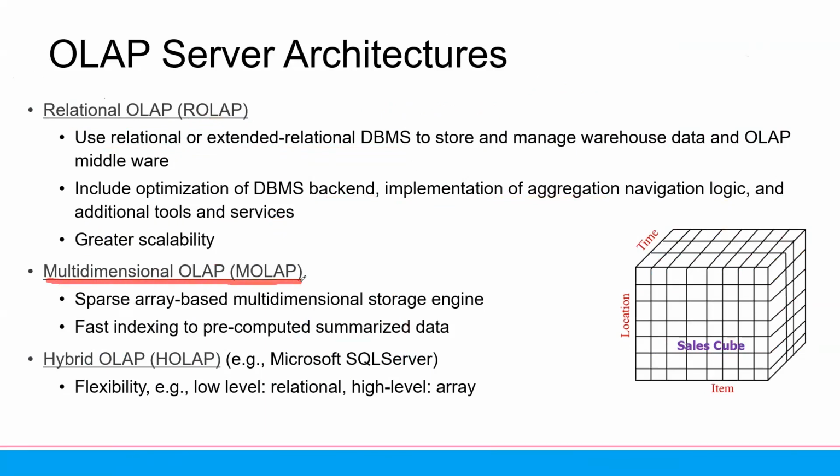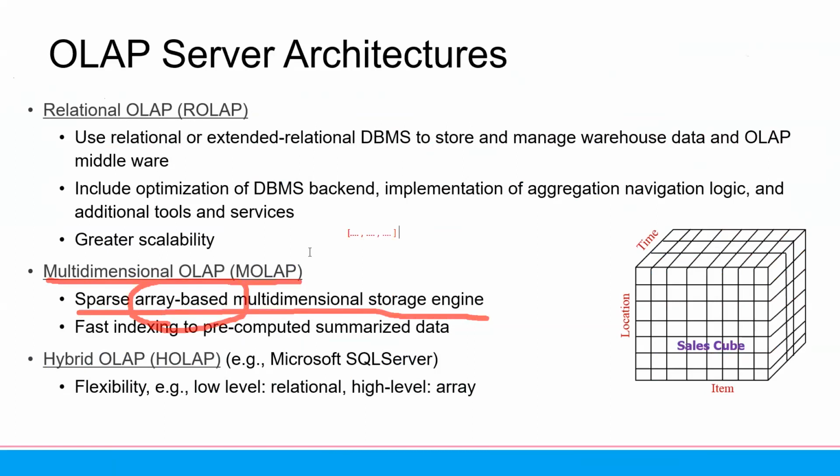You can also use this multi-dimensional OLAP. This multi-dimensional OLAP will use the sparse array-based multi-dimensional storage engine. If you understand data structures, you know about arrays. If they use an array, it means they will put everything in a kind of list.